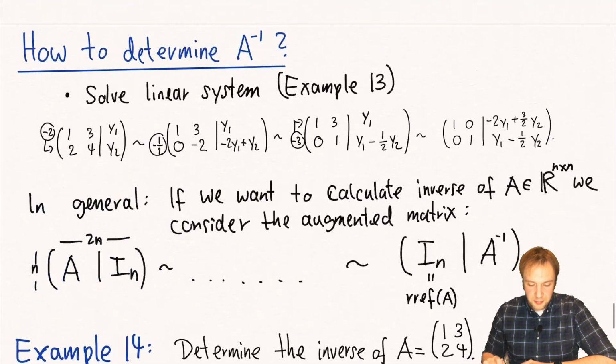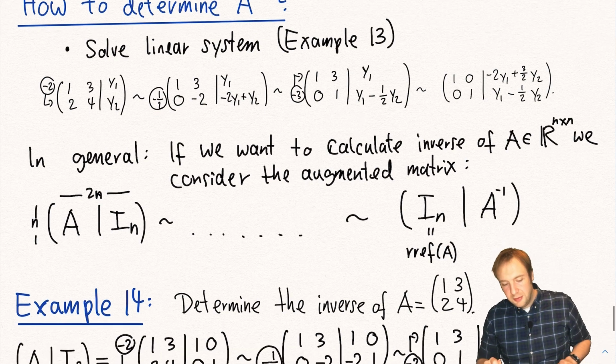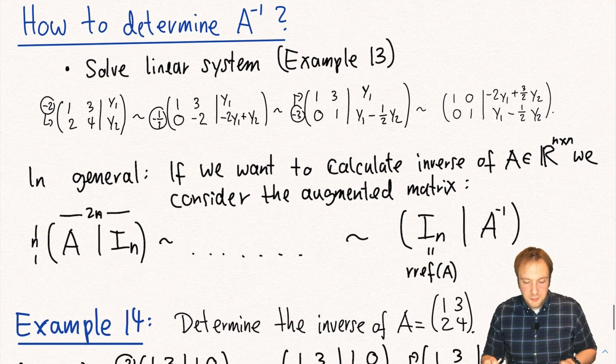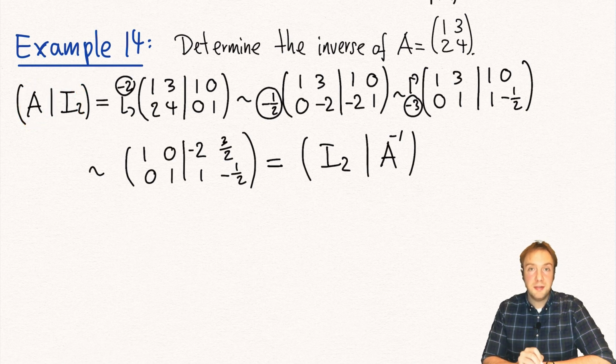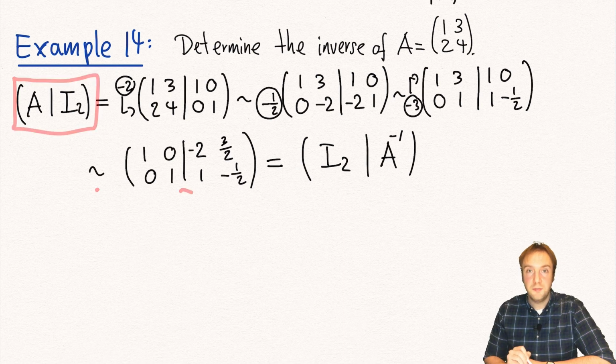So anytime someone asks you to calculate the inverse of a matrix, so maybe in daily life this will not happen so often, but if I ask you to calculate the inverse of a matrix A, what you need to do is we write the matrix A here on the left hand side, and on the right hand side you put the corresponding identity matrix, and then you just bring this matrix here to reduced echelon form.